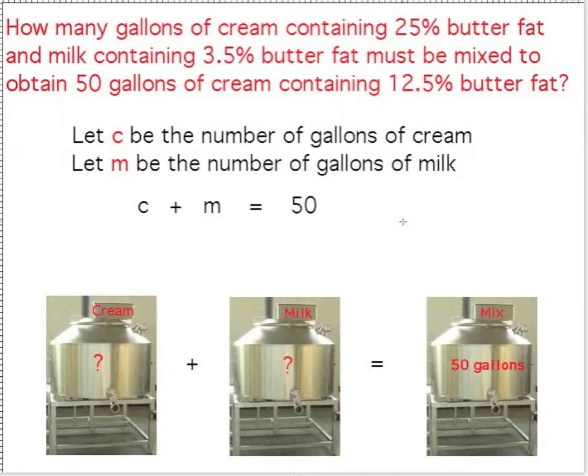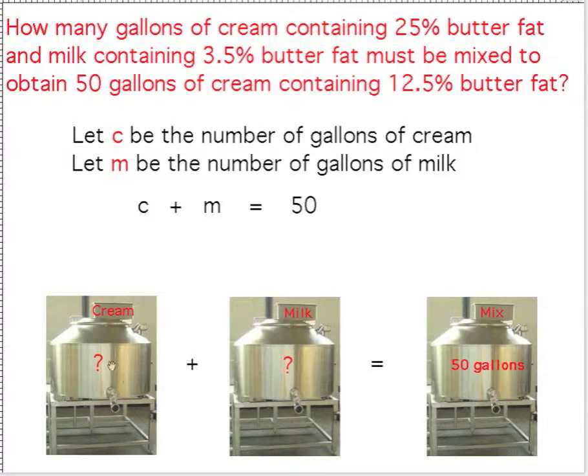That's the stuff up above that deals with butterfat and percentages. And what I suggest you do then is go back to your drawing and start transitioning the information that you find up here. For instance, this says, how many gallons of cream containing 25% butterfat? So cream is 1/4 butterfat. It's 25% butterfat. And so I come down here to this drawing.